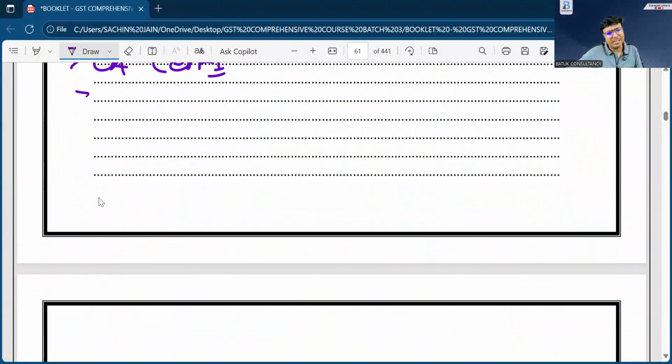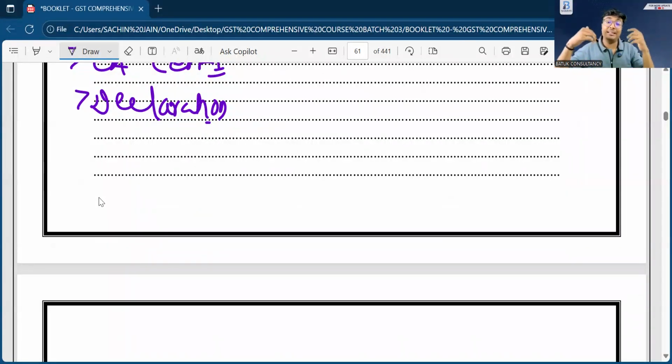Sir, what type of declaration is required? Government is saying, Mr. Sachin, as you are making the export and filing the refund application, we require one more declaration from you. And in that declaration, you just need to state the fact that the price which you have charged for the exported goods is not more than 1.5 times the domestic price.